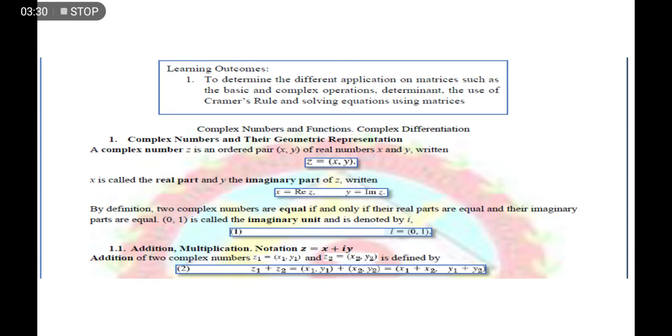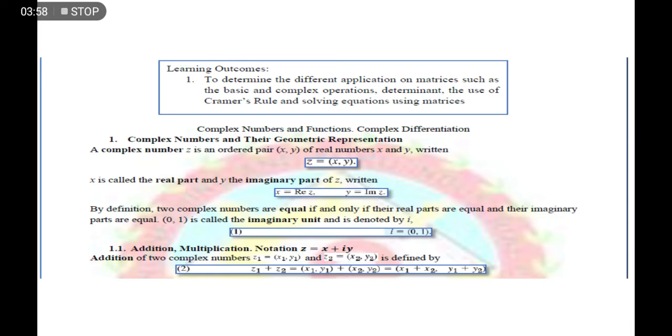In equation 2, we have z1 plus z2 equals x1, y1 plus x2, y2. Since imaginary and real numbers are distinct numbers, they cannot be combined with each other. We have to add them with the same quantities.